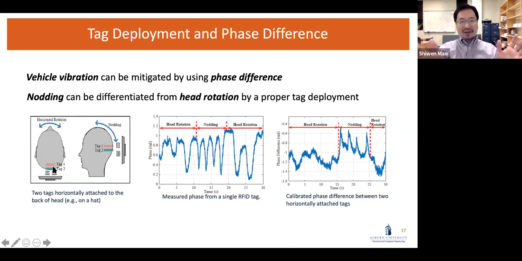When the head turns, both tags will move in the same direction. So if we use the difference of the phases read from these two tags, we can cancel such interference. But if the driver is nodding, usually one tag moves away from the reader and the other tag moves closer to the reader.